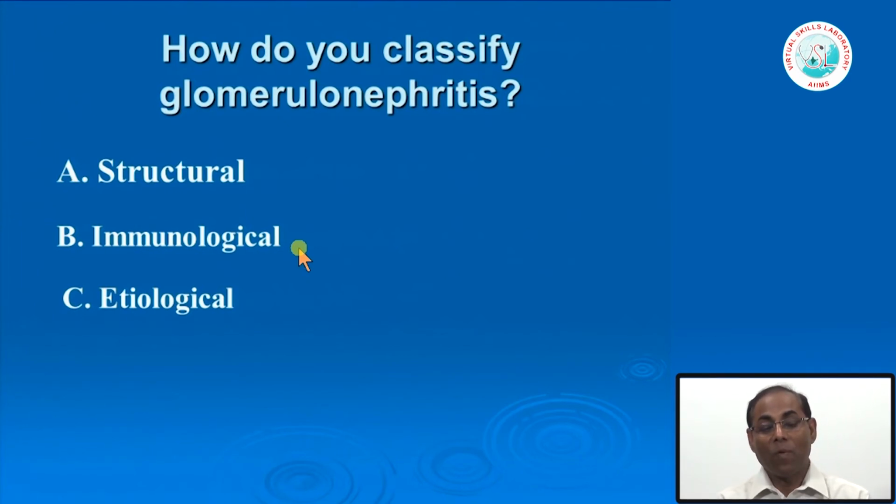Management-wise, as well as in understanding the pathobiology, glomerular diseases with immune complex deposits are very different from glomerular diseases without immune complex deposits. So it is important for us to know the immunological type of the glomerulonephritis, and then we will also try to identify an etiology.